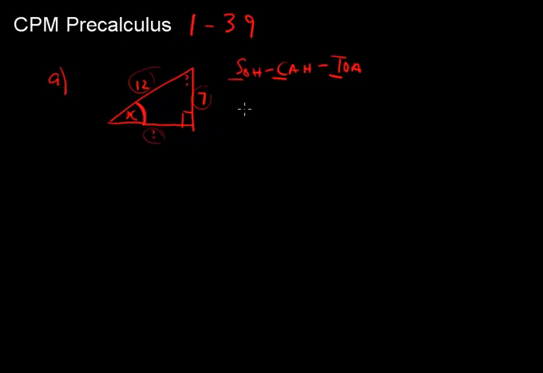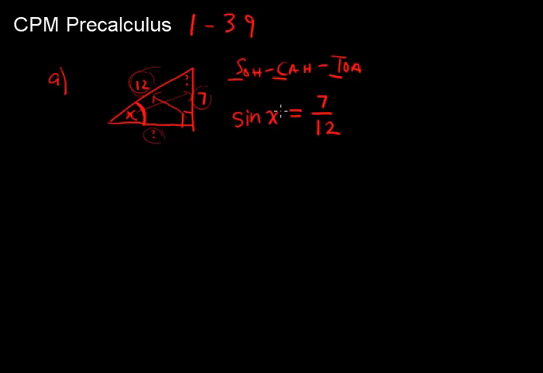So we can think of sine is opposite over hypotenuse. Opposite is 7. Hypotenuse is opposite the right angle, which is 12. So sine it is. So sine of x is equal to opposite, which is 7, divided by hypotenuse, which is 12.